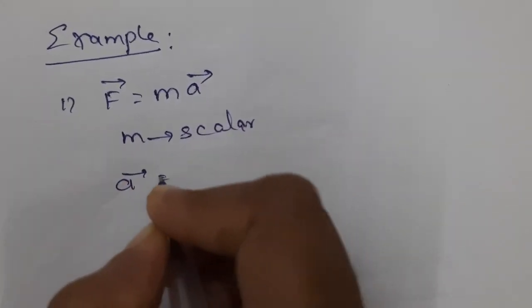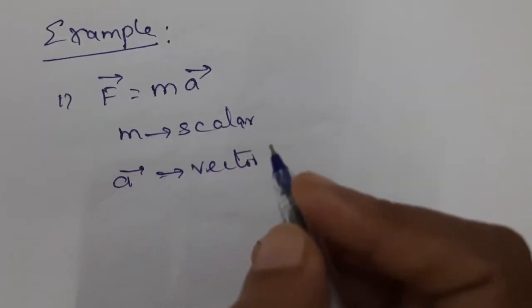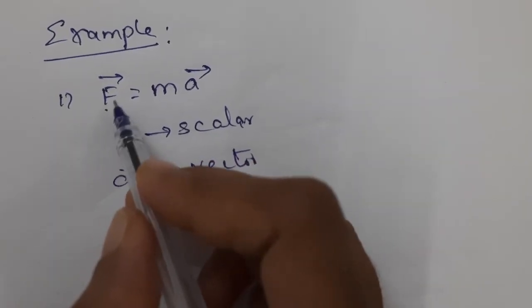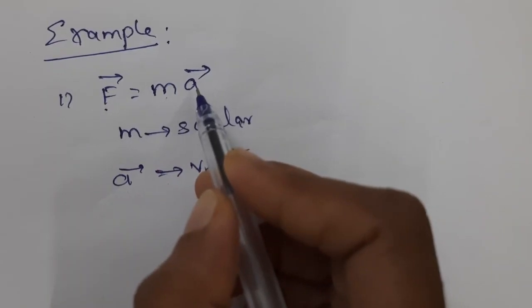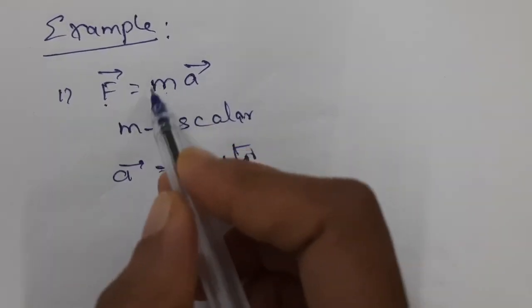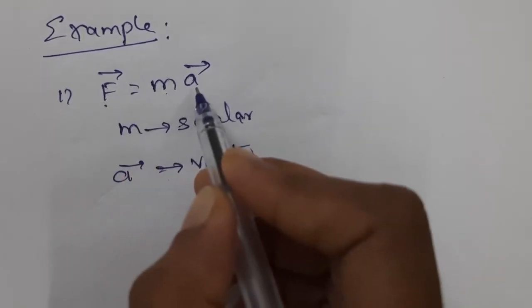Acceleration is a vector quantity. So, force is a vector quantity obtained by scalar multiplication of a vector. M is always a positive scalar. So, the direction of force is in the direction of acceleration.